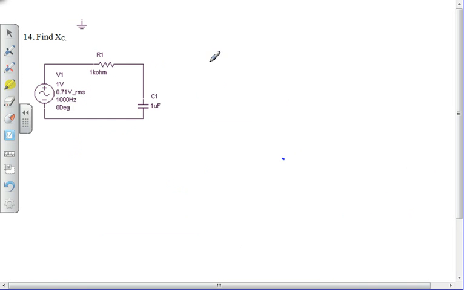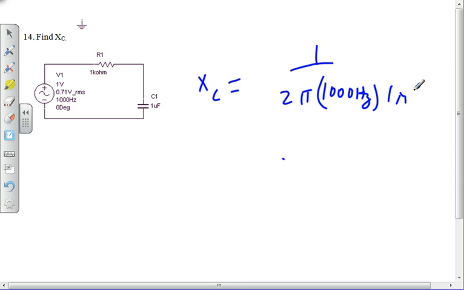All right, that's 14. First of all, I have to have X of C, which is 1 over 2 pi f, at 1,000 hertz, times 1 microfarad.